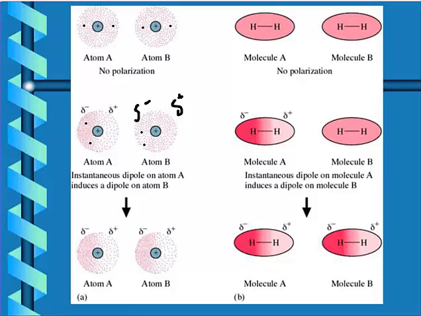The more electrons you have, the greater the chance that you're going to undergo one of these instantaneous dipoles. When you just have two electrons, the chances that they're going to be on the same side isn't as great as if you have, let's say, 5 and 3 are on the left and only 2 are on the right. They're not necessarily going to be as evenly distributed.